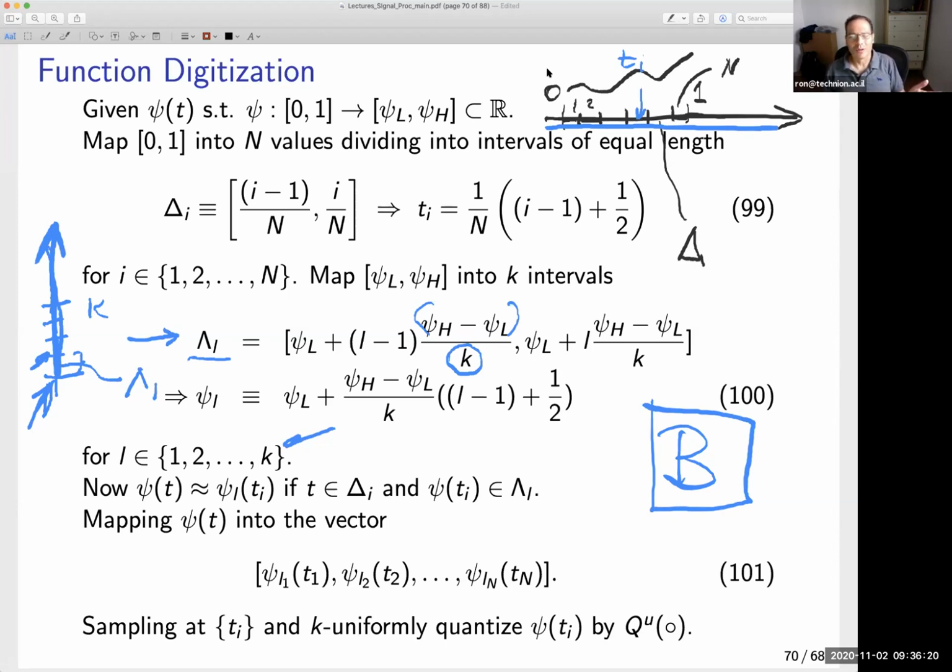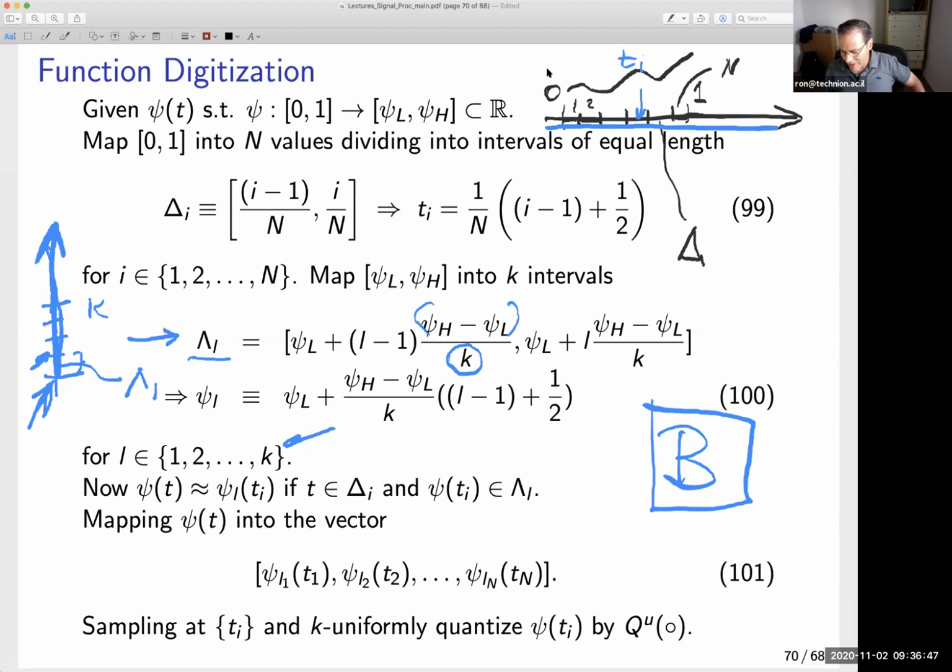I have to make this distribution in the most efficient way. What do I mean by the most efficient way? In the best way that would minimize the penalty of representing the signal, for example, using MSE, mean squared error.